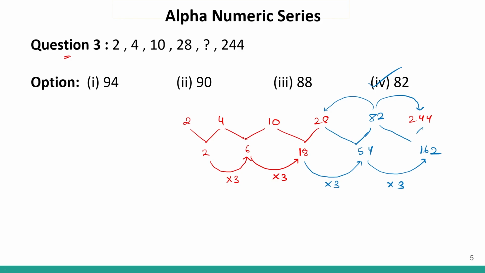And if I add 162 and 82, I'll get 2 plus 4, and 6 plus 8, 14, 1 carried, 1 over here. So 244 I'll get. So 82 is the correct answer. But it is advisable that you check it with the previous number as well as the next number. Please confirm it with both the numbers.